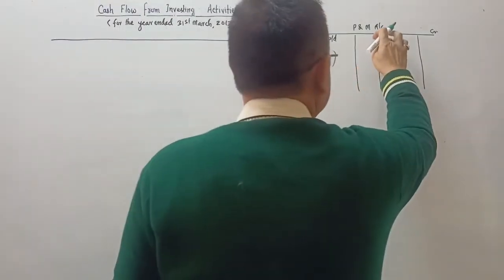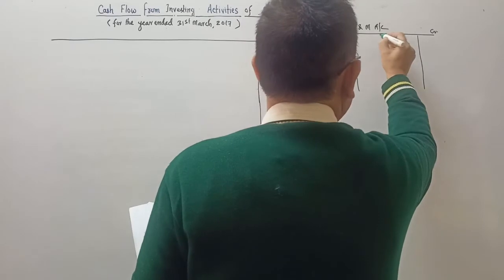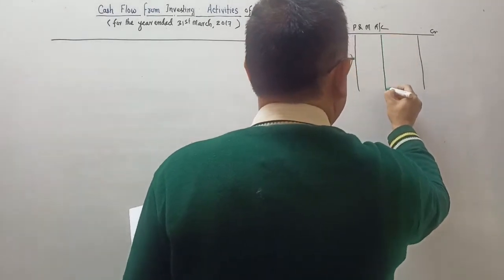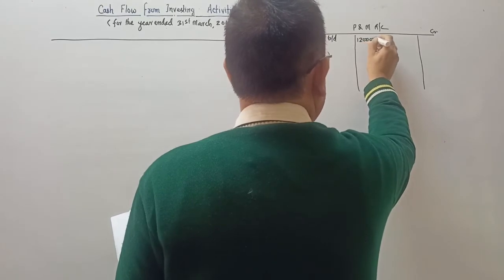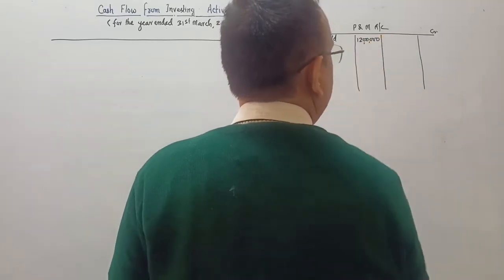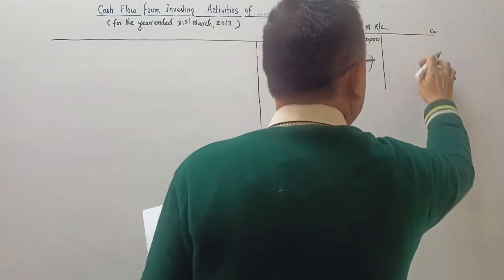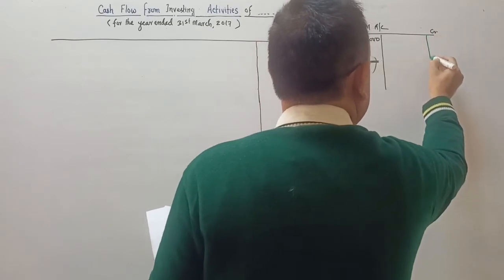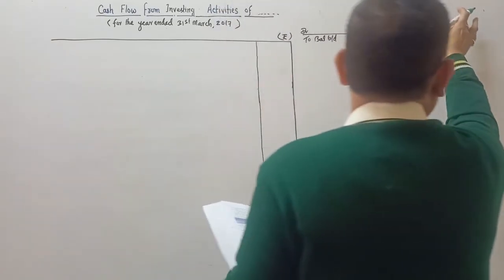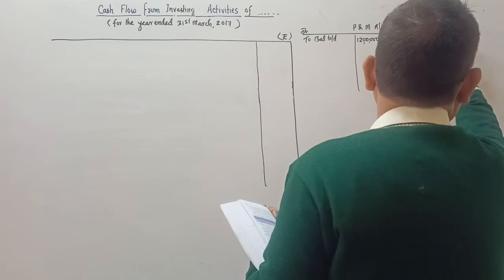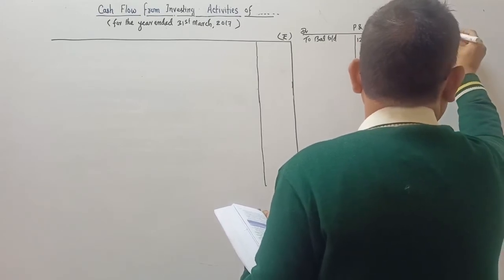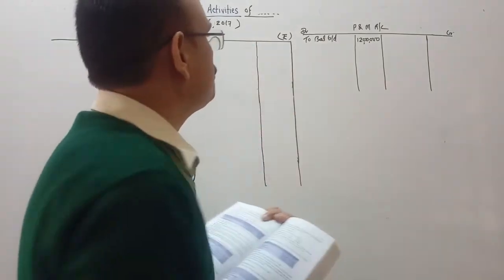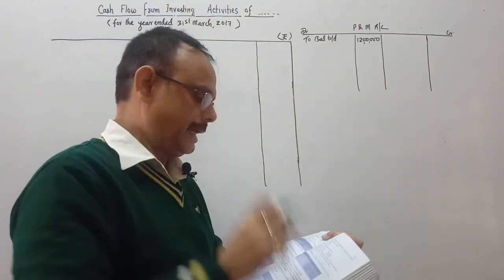So 12 lakhs is the opening balance of plant and machinery. You write it: to balance brought down, 12 lakhs.